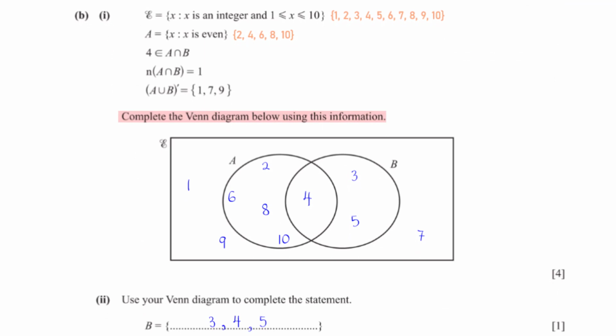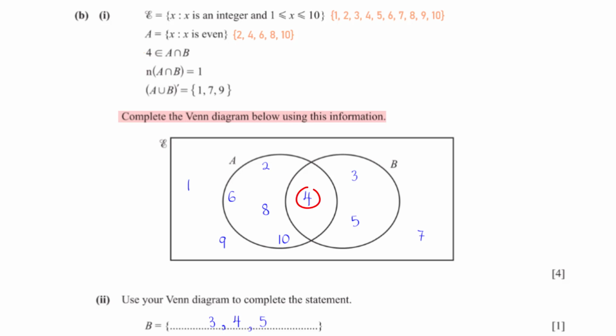Complete the Venn diagram below using this information. First, let's list out the elements in the universal set and the elements in set A. We are told that 4 belongs to the region A intersection B, and we are also told that the number of elements in A intersection B is 1.